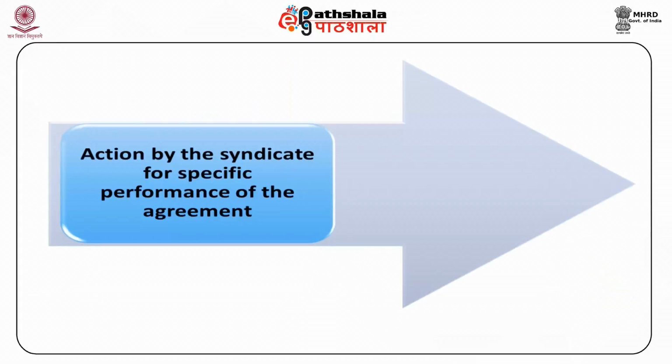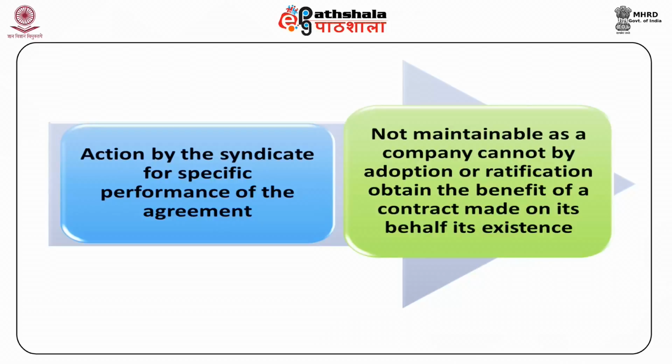An action by the syndicate for specific performance of the agreement or in the alternative for damages was not maintainable, as a company cannot by adoption or ratification obtain the benefit of a contract purporting to have been made on its behalf before the company came into existence.